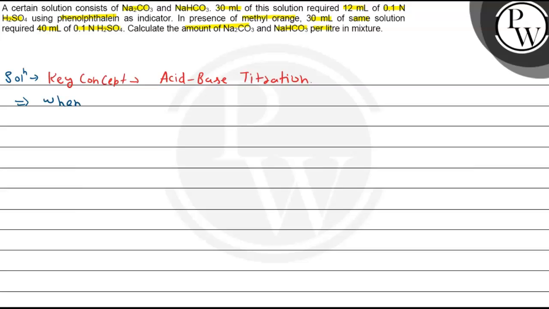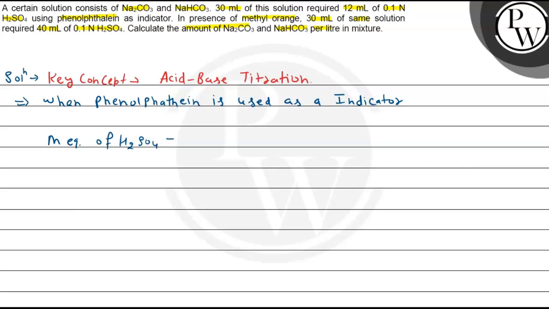When phenolphthalein is used as a indicator, we can say that here the number of milli equivalent of H2SO4 which is used when phenolphthalein is used as a indicator, it is milli equivalent of H2SO4 which are used during the neutralization.